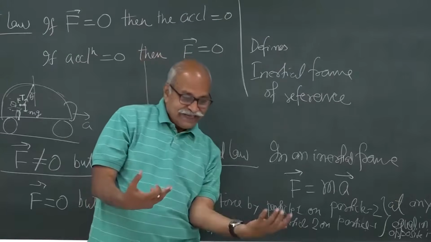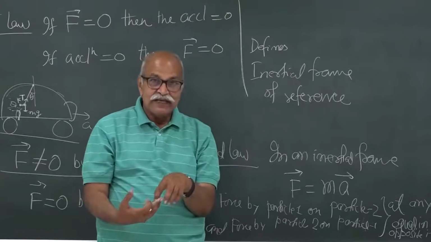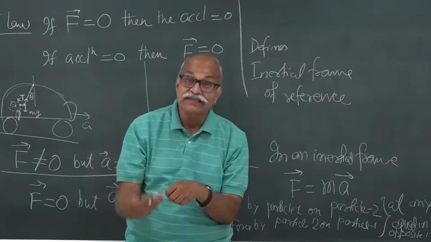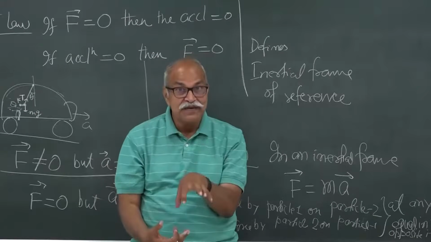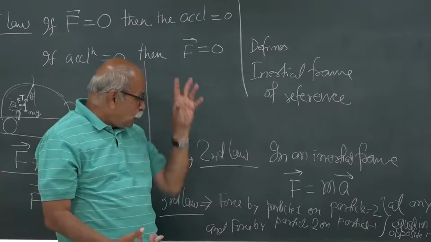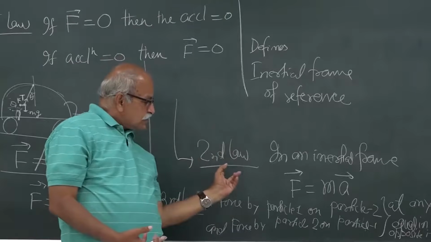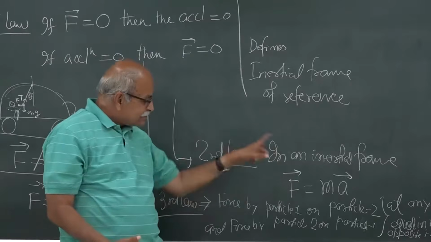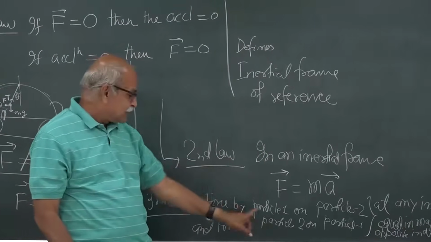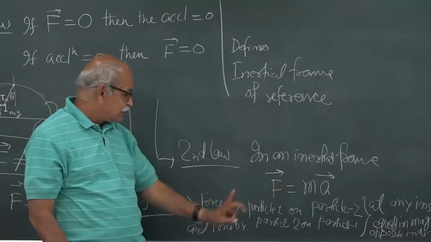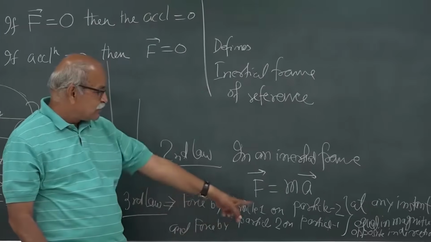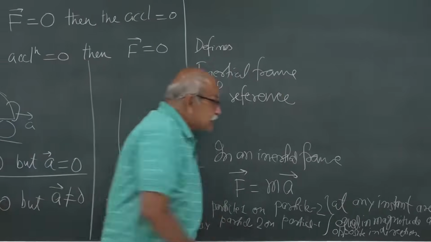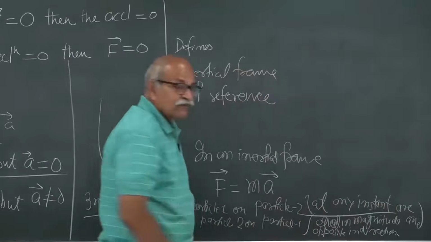So, which object is exerting the force and on which object it is being exerted. So, that is very, very important. So, if you have two objects, one is exerting force on the other, the other is also exerting force on the first one. So, that is it, force by particle 1 on particle 2 and force by particle 2 on particle 1 at any instant. This is also very, very important.